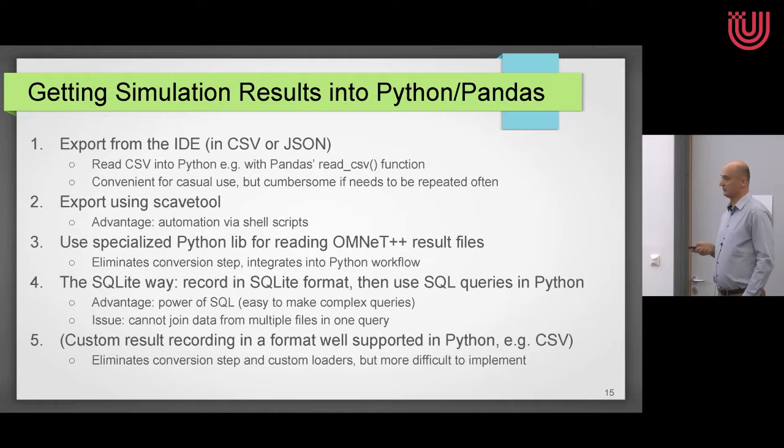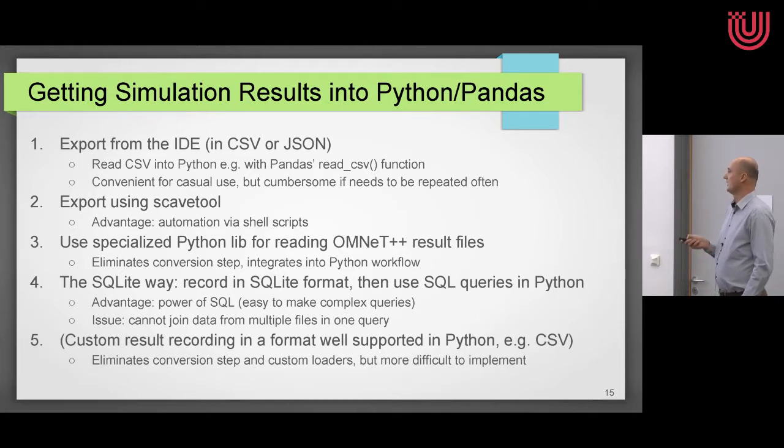And a completely different way, the first 3 are almost equivalent. The fourth way is to configure OMNeT to record SQLite result files. And the advantage is that you can use the power of SQLite select statements. So you can write quite complex select statements just to get the data you want out of the files.